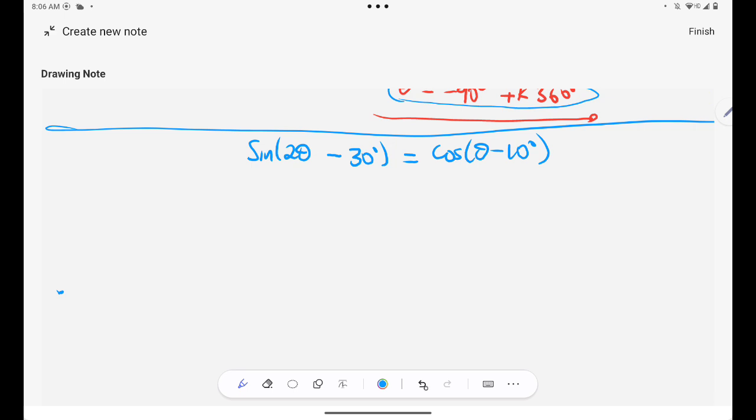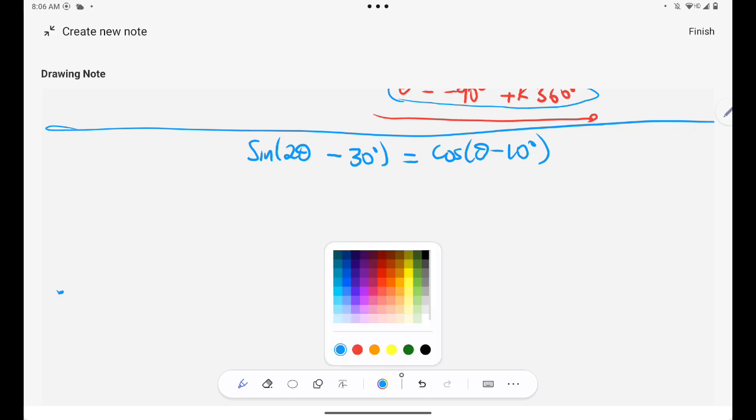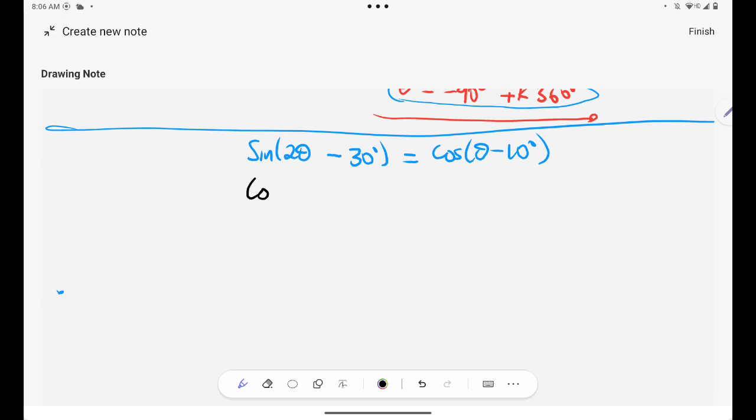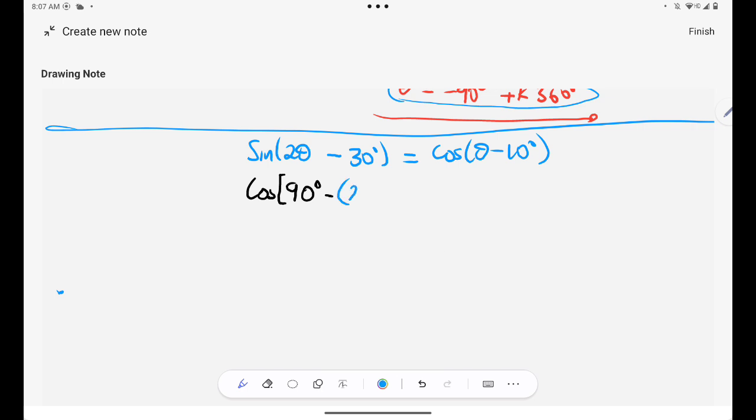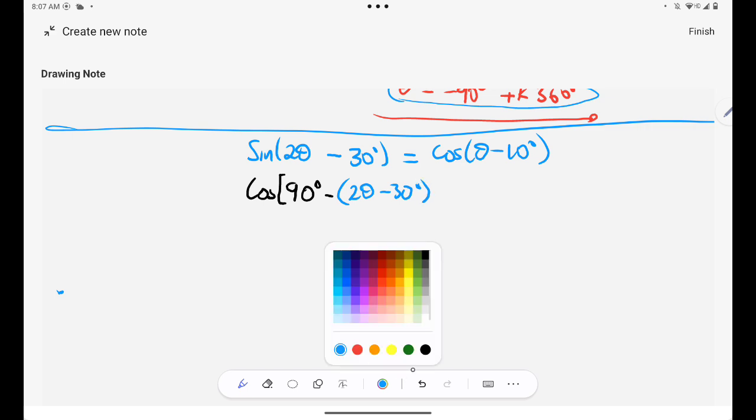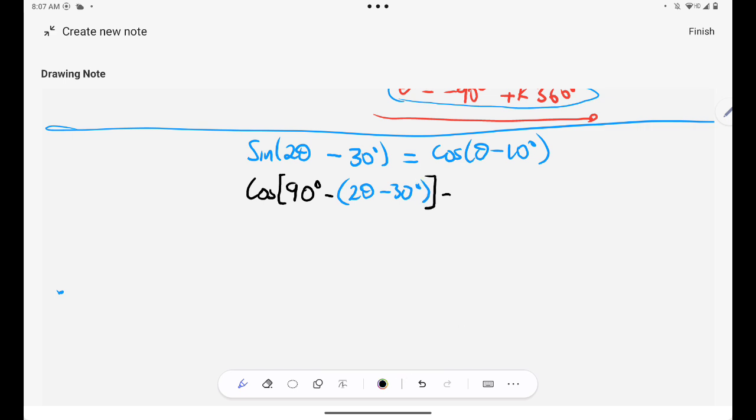We can write this thing which is on the left hand side as the cos of 90 degrees minus 2 theta minus 30. This thing will be equal to the cos of theta minus 10.